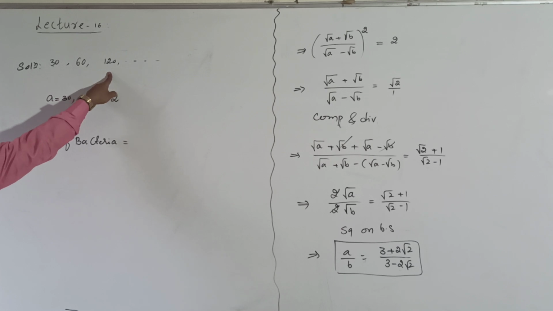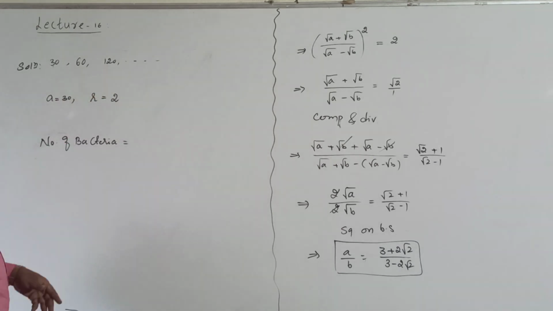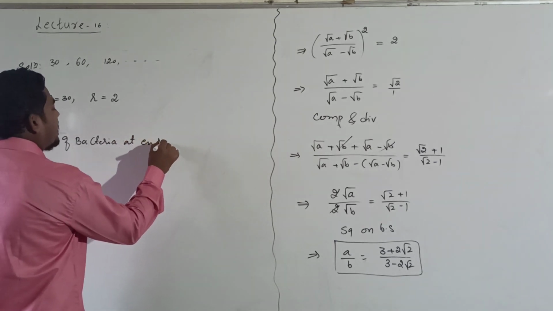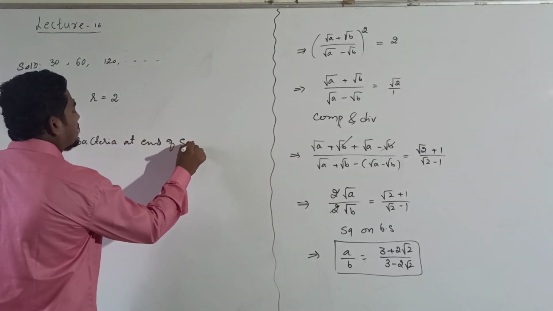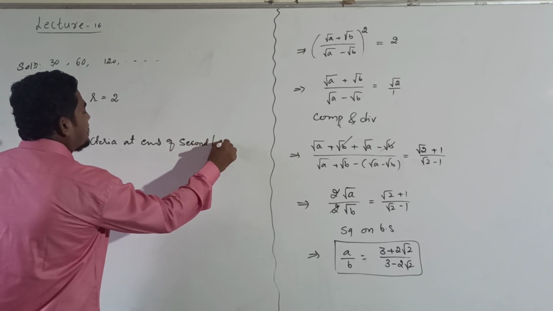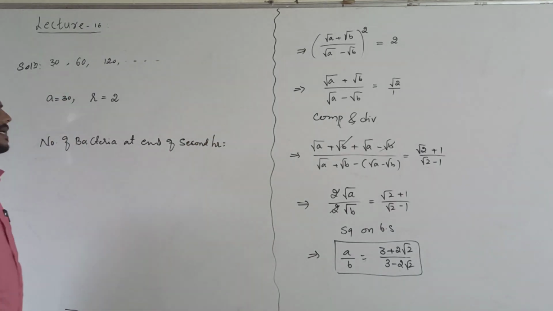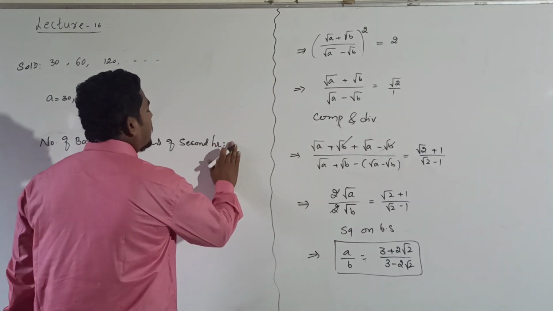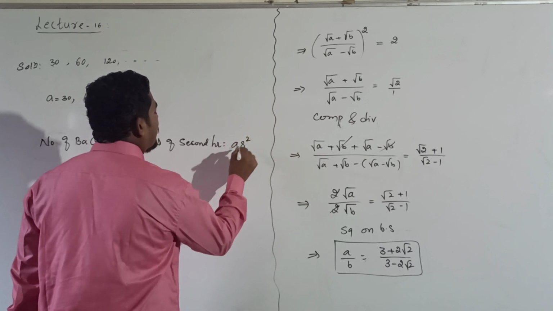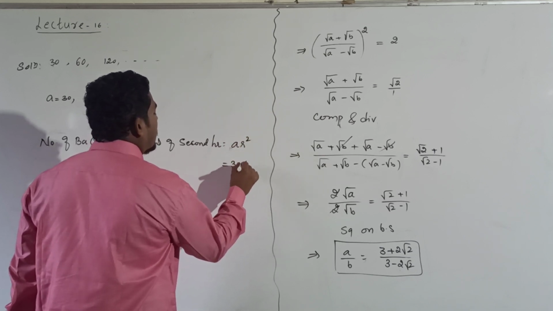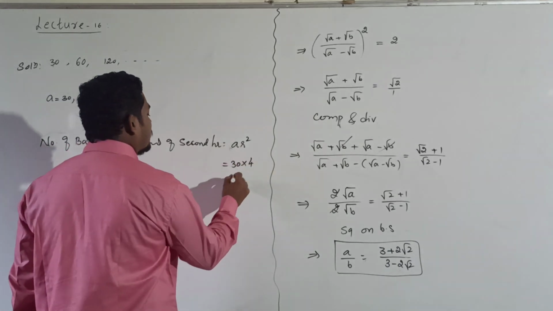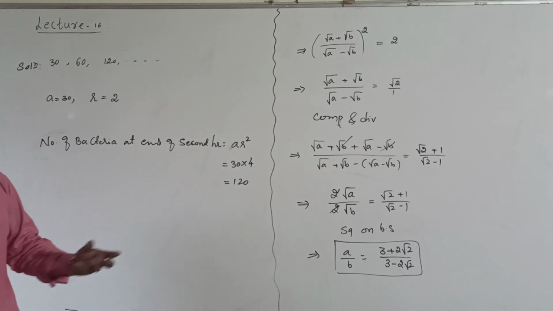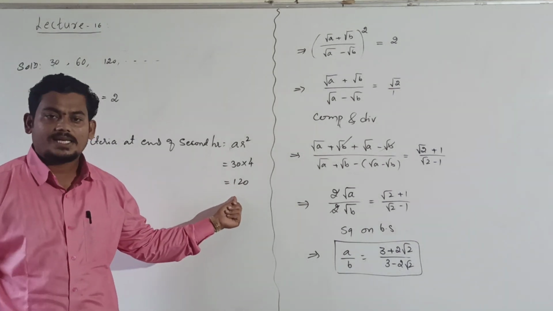The third term is A into R square, that is 30 into R square, which is 4, that is 120. At the end of second hour, 120 bacteria are present in the culture.